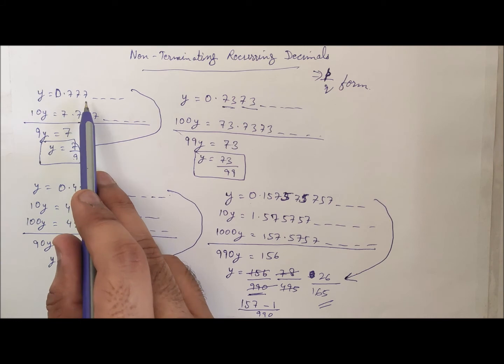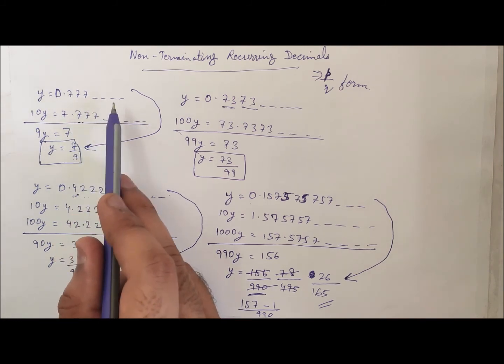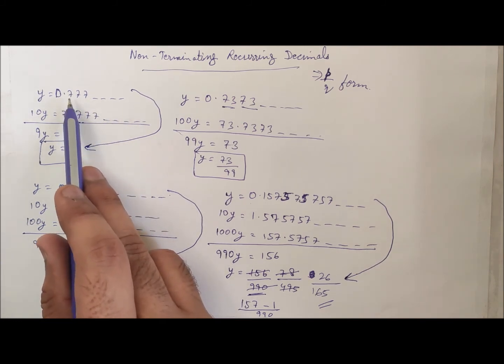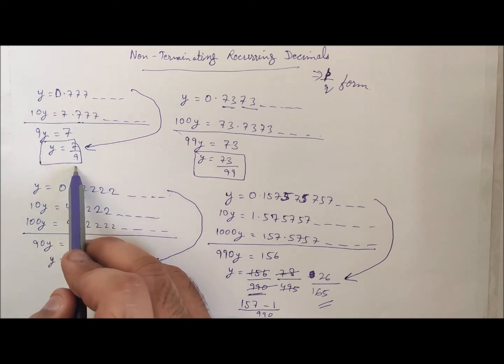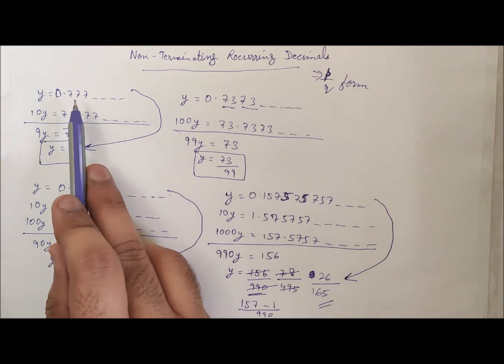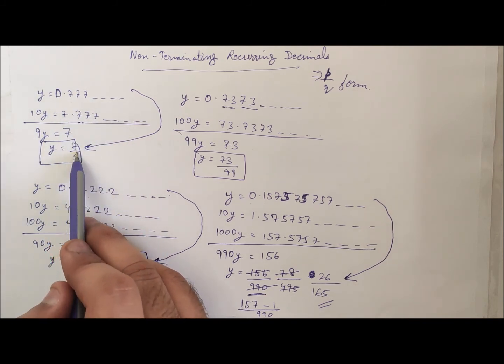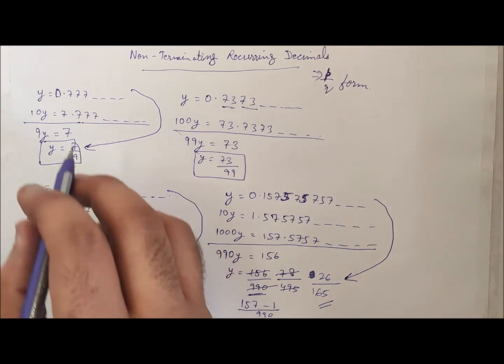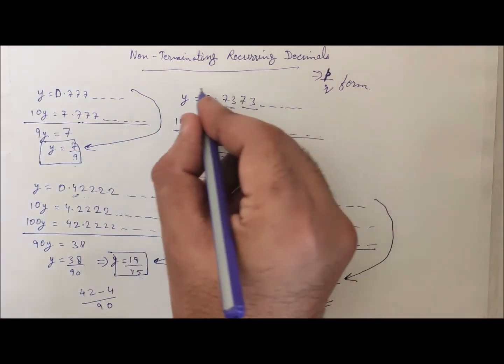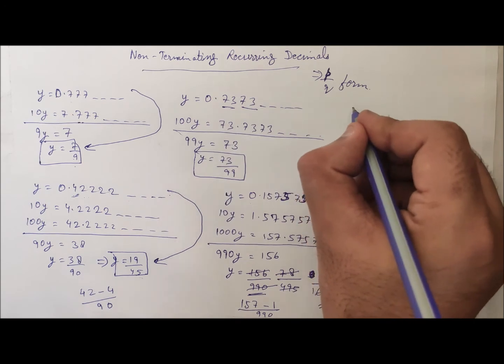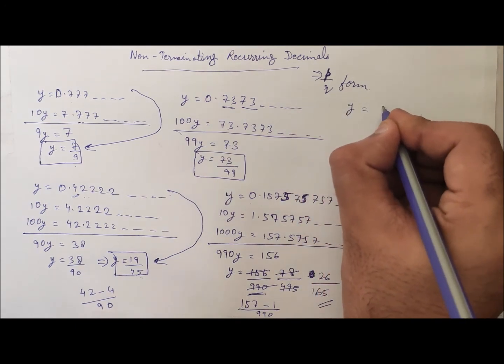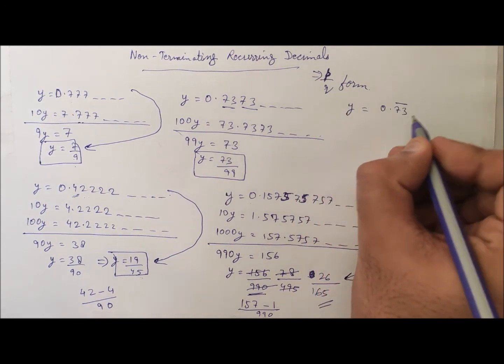The number of digits being repeated: in case there is a single digit 7, there is a single 9, and whatever is being repeated, put that in the numerator. An easy way to look at such a question, for example, I can also write this as y equals 0.73 with a bar over it.